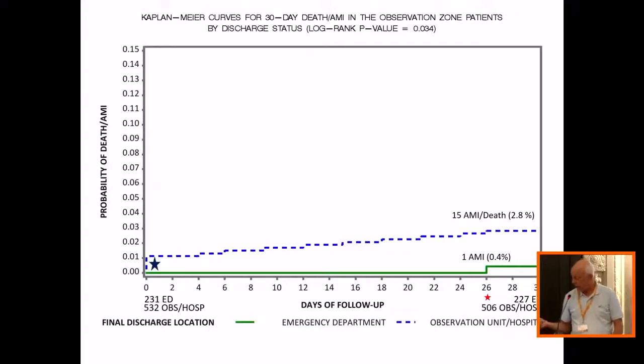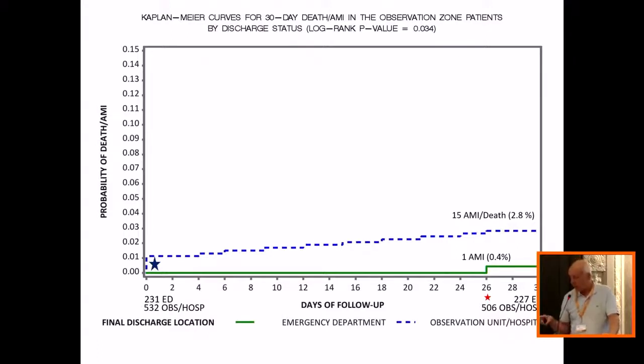So then you say, okay, we sent them home, so what happened to them? Well, if you look at the green line, I think we were pretty good in the sense that we had 1 AMI at 26 days. I don't think my job in the ER is to prevent something that might happen to you 26 days later. I think that's an outpatient decision and a follow-up.